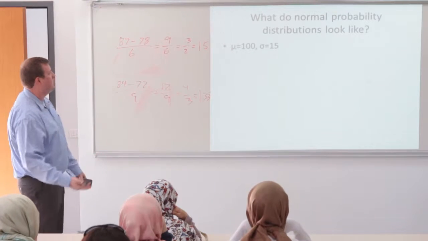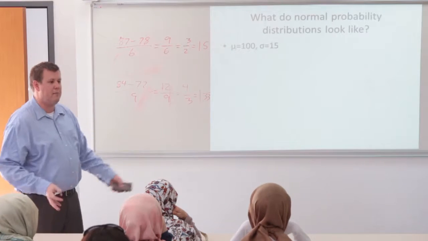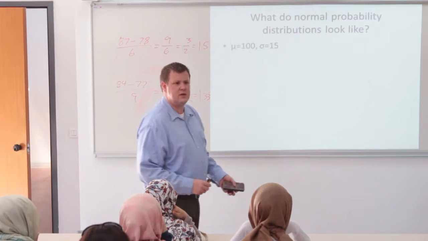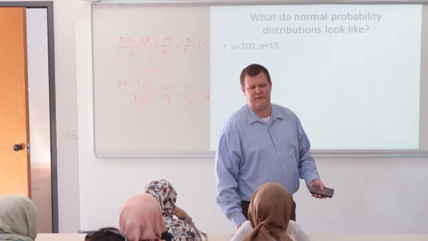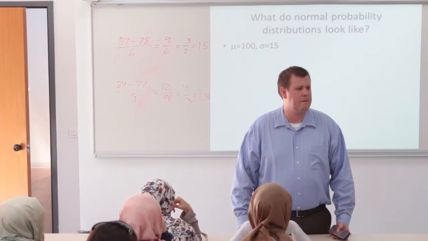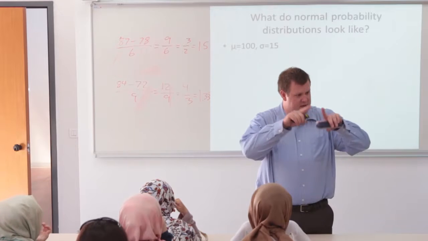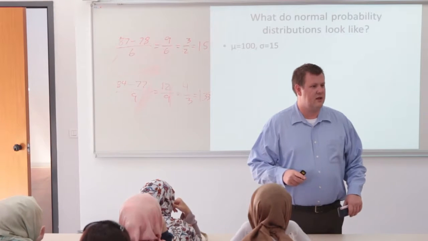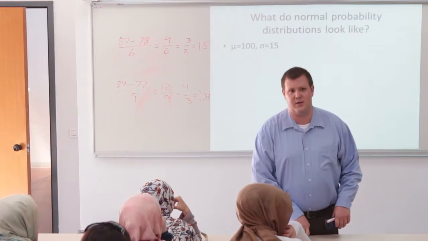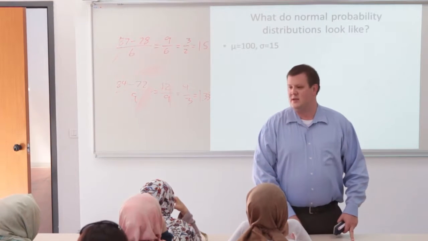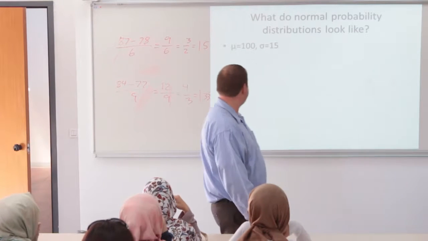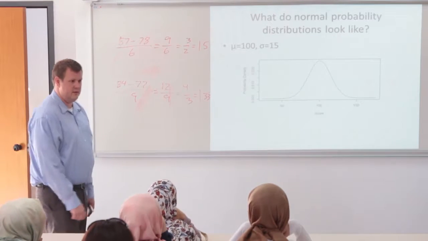Okay, so let's take a look at what normal probability distributions look like. We talked about normal probability distributions a few classes ago. Does anyone remember what I said they look like? The normal distribution, the mean, the median, and the mode, they all equal the same thing. So it's unimodal and it's symmetrical. Yeah. It looks something like this.